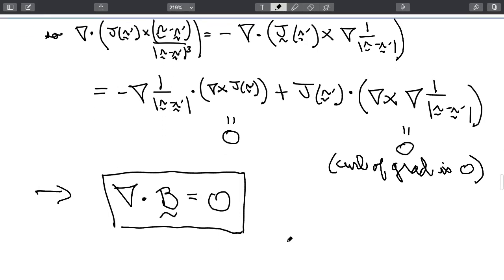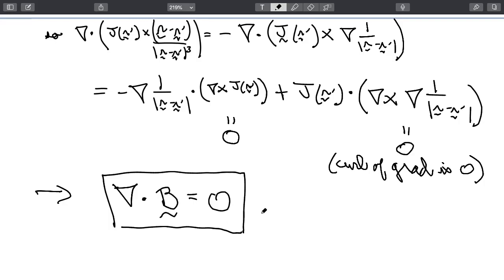Now how do you interpret that? What is the equivalent electrical field condition? You remember, if we took the divergence of the electrical field, we would get the charge density divided by this constant epsilon 0. So in the case of the electrical field, it was contingent on the existence of local charges, point charges that would create the field.